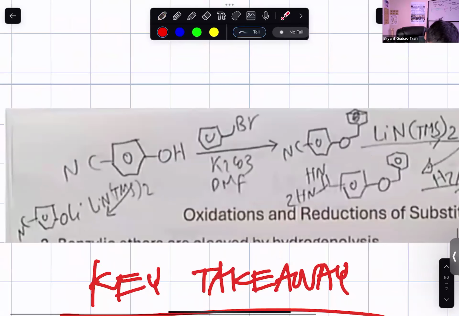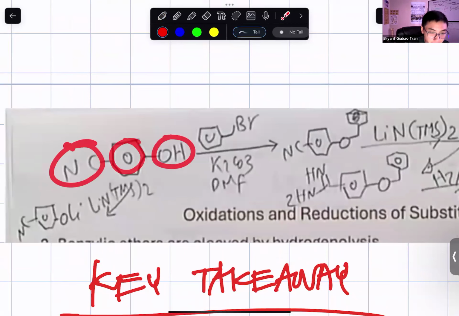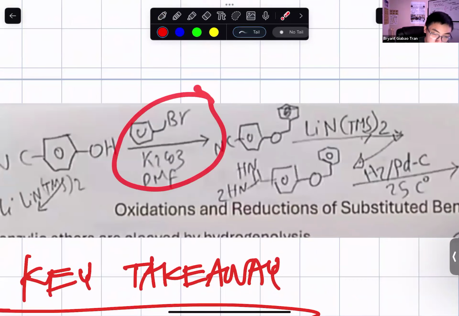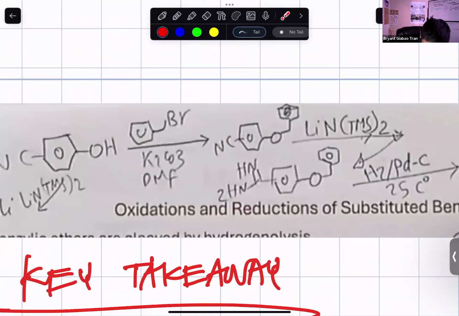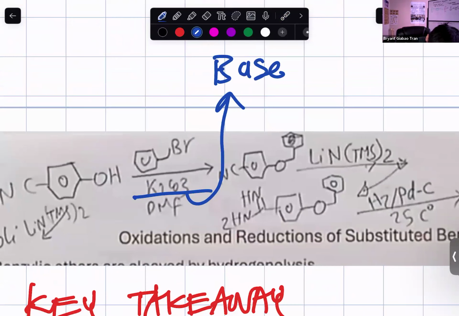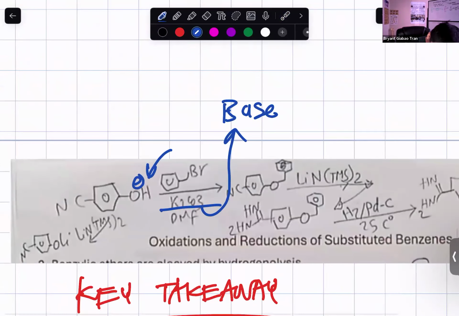We see that we have this benzene right here with an alcohol and nitrile, CN. This right here is going to be the protecting step, which is going to convert this alcohol into a benzylic ether, right? K2CO3 here, when you see K2CO3, think of a base, right? That base is going to deprotonate that alcohol to create a phenoxide, right?